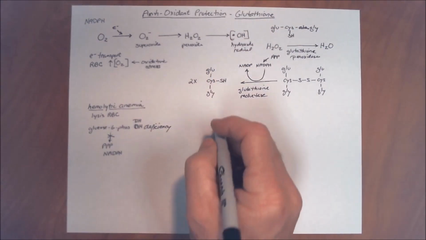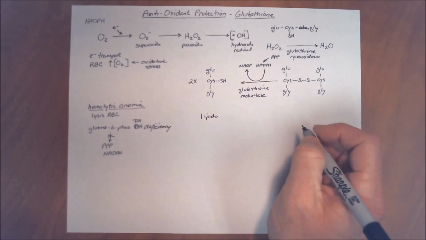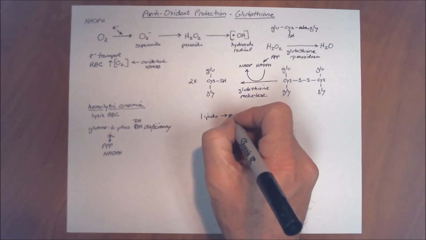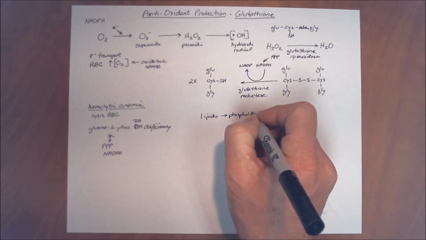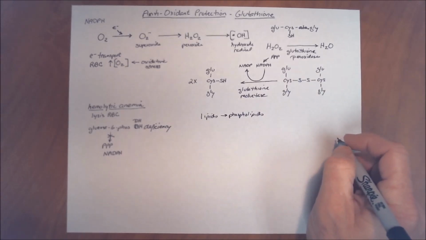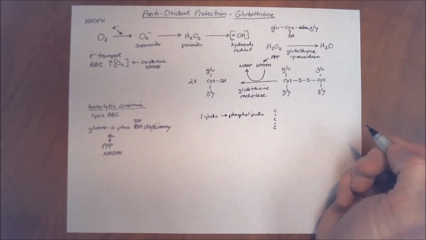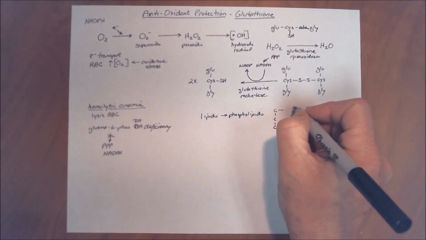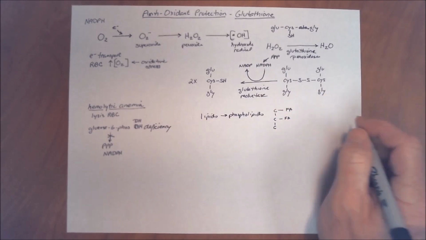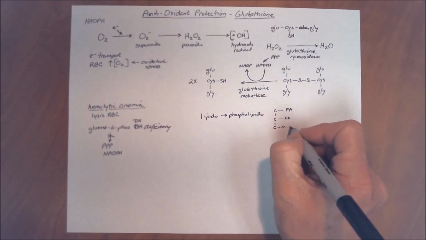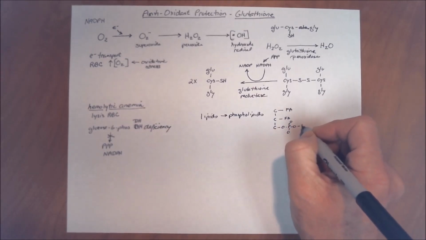Now, something that hydroxide radicals love to attack are lipids. Primarily think about the phospholipids of the cell membrane. Recall that these phospholipids have a glycerol backbone. We have fatty acid chains coming off of the first two carbons, and then we have a phosphate group with a head group.